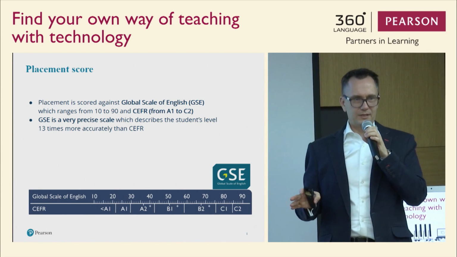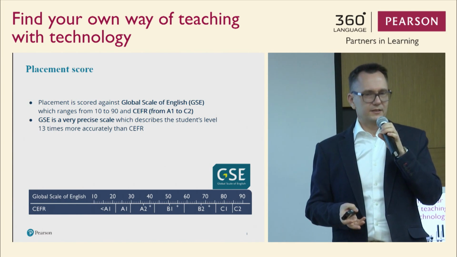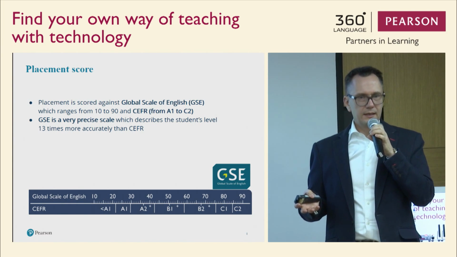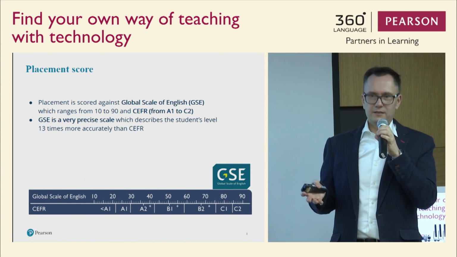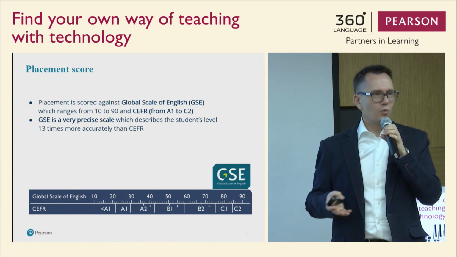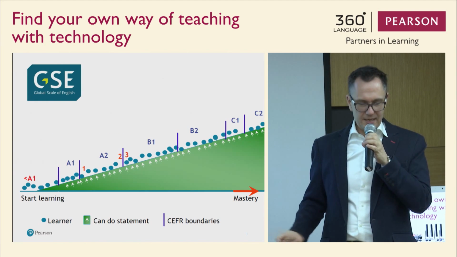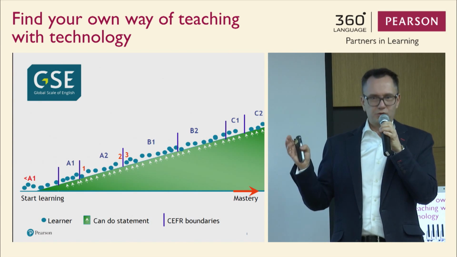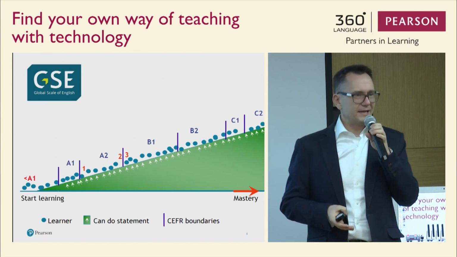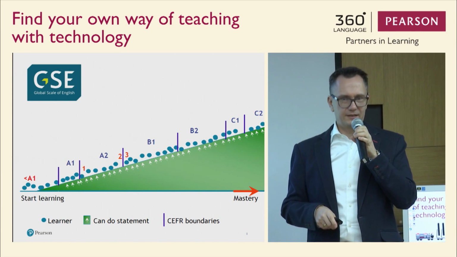But then if you think about it, although it is very helpful to be able to say that a student is B1, it is in fact very imprecise. It is difficult to define what specifically it means. In other words, you can be B1 for 1 year, maybe for 2 years, for some students even for 3 years, which in fact is very demotivating.